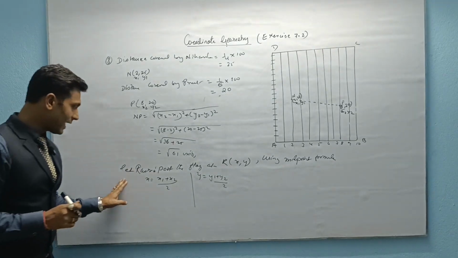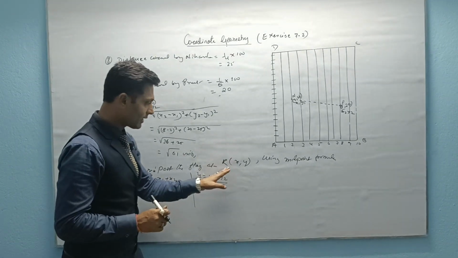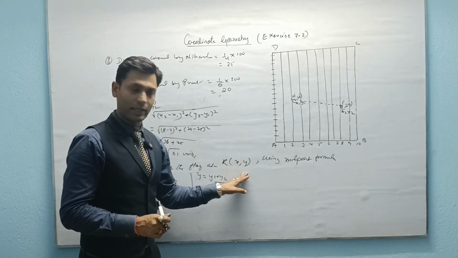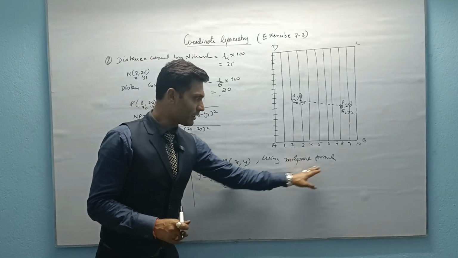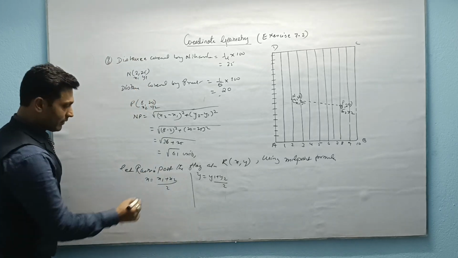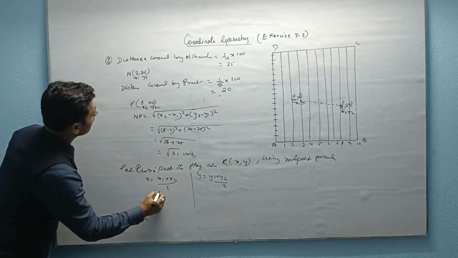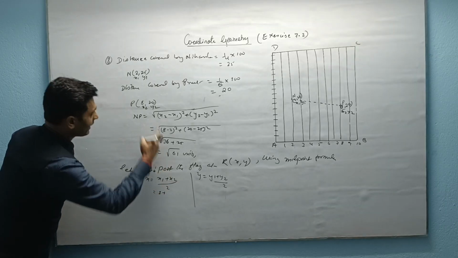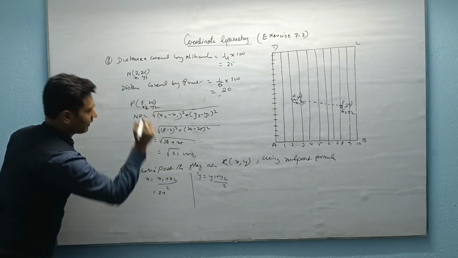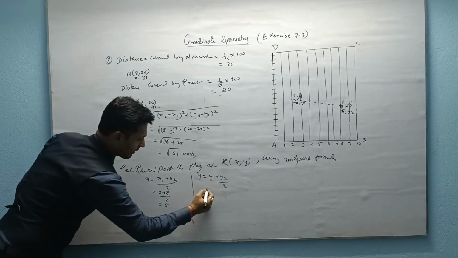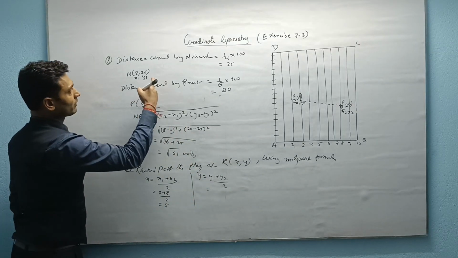What I have written is, let Rashmi post the flag at R, the coordinates of R are x, y. Now, using the midpoint formula, x is (x1 plus x2) by 2. What is x1? It's 2. x2 is 8, divided by 2. So, this is 5.